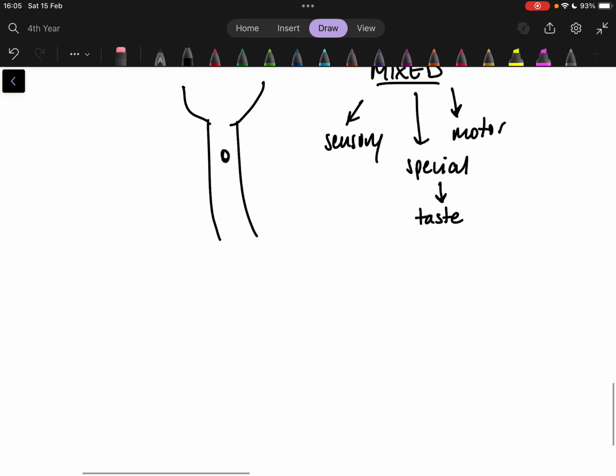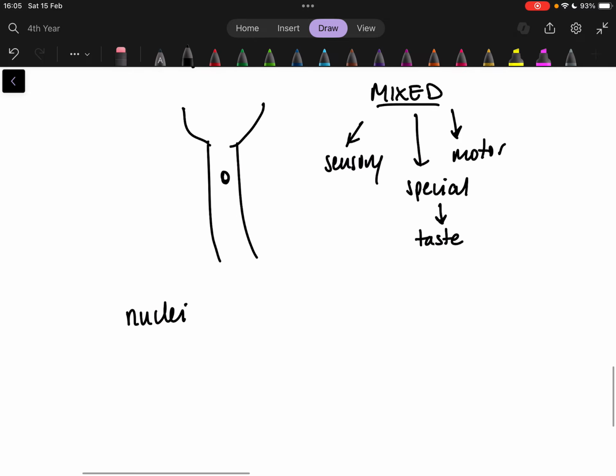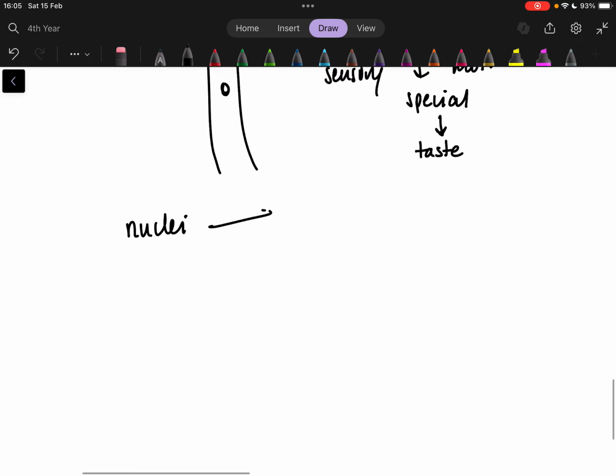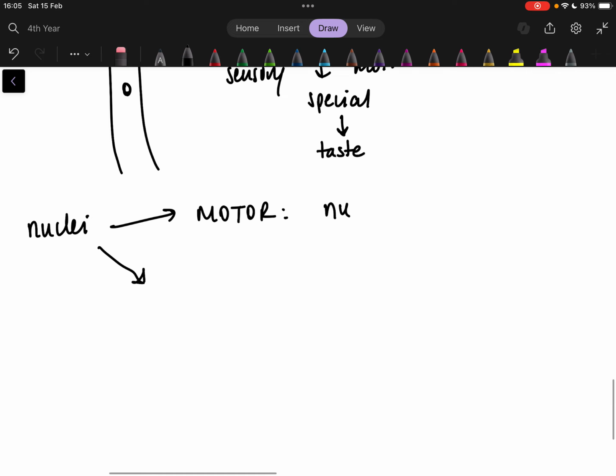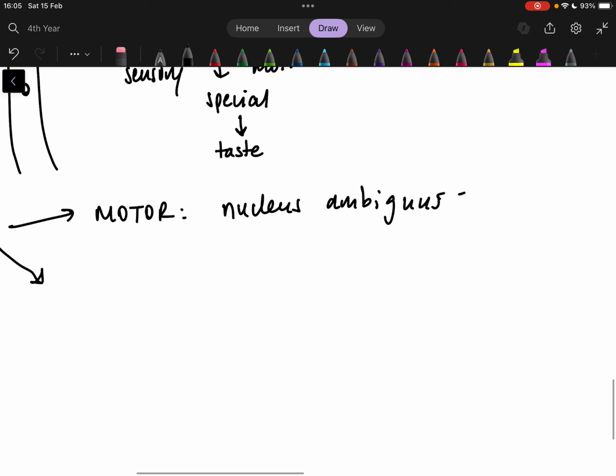Okay, so if we look at the nuclei of the glossopharyngeal nerve, there are different nuclei that do different functions. You can always split into sensory and motor. If you look at motor first, this is the nucleus ambiguus. The nucleus ambiguus consists of both 9 and 10, so the vagus nerve and the glossopharyngeal nerve.